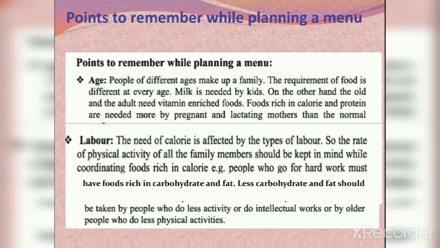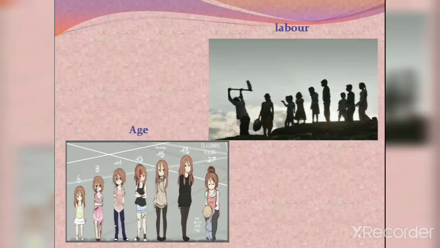Less carbohydrate and fat should be taken by people who do less activity or do intellectual works, or by older people who do less physical activities. The food demand according to age is different. The demand of food also depends on how much a person works. In this picture, the persons are doing hard work. So in their food menu, carbohydrate and fat foods should be included.